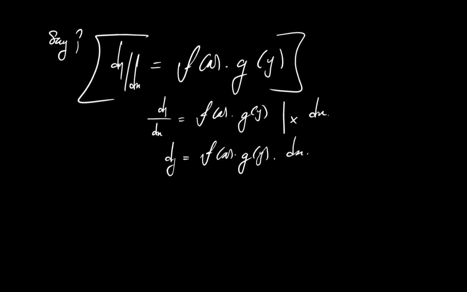Then after that, I'll take the y on the other side by multiplying the entire equation by 1 over g of y, or rather just dividing. So you have 1 over g of y dy being equal to f of x dx.